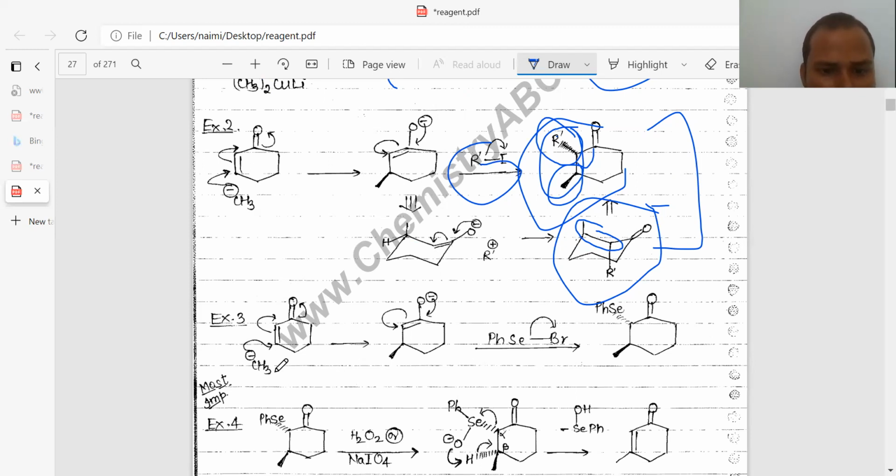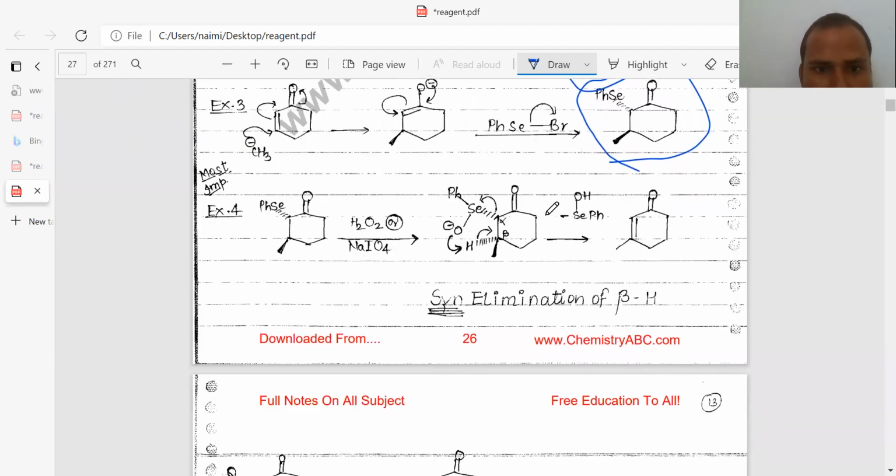Similarly, you can see here, I have also explained this one. It is a very important question and has been asked in CSIR-NET. You can see this is the phenyl selenium. When peroxide attacks, what happens here is that it forms selenium oxide.